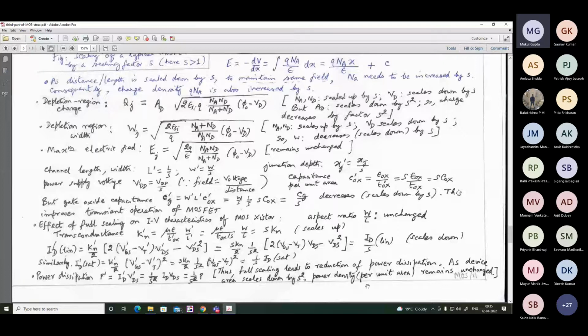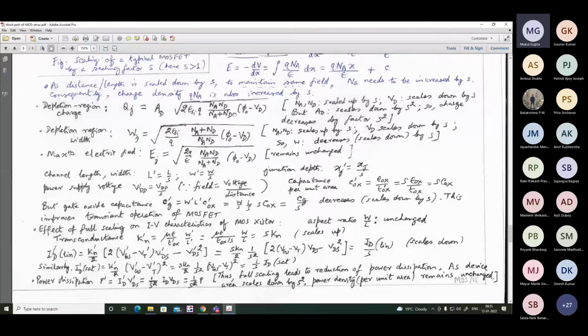Sir, in the expression of Qj and Wj, the depletion region charge, phi naught is there. Phi naught equals KT by q, log of N_A N_D by n_i square. So it would be just increasing by ln S square, right? Then how do we just say that it would be changing by S or something like that?